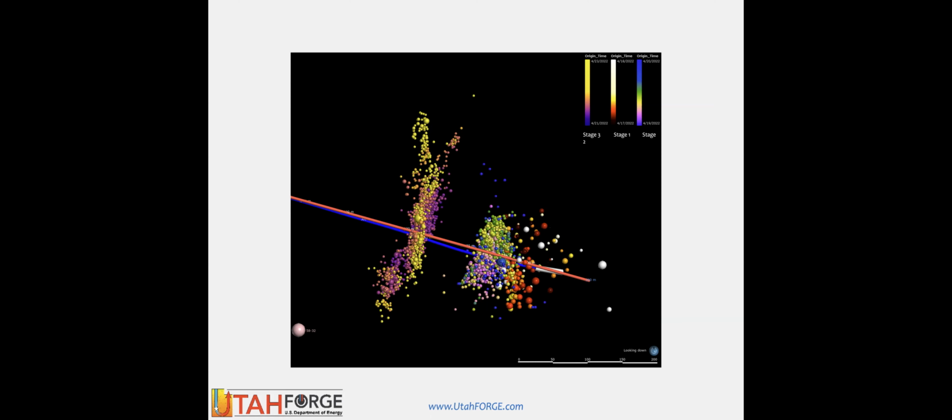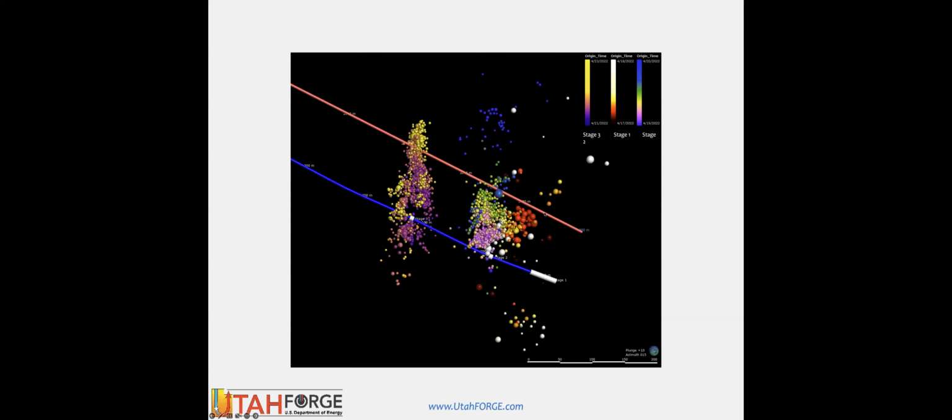And I agree also with Mark's point that we should probably go back, and we did model the hydroshearing stage for zone 1. We'll go back and revisit that. However, if you look carefully at the microseismicity for zone 1, you can clearly see that the events align along a plane.